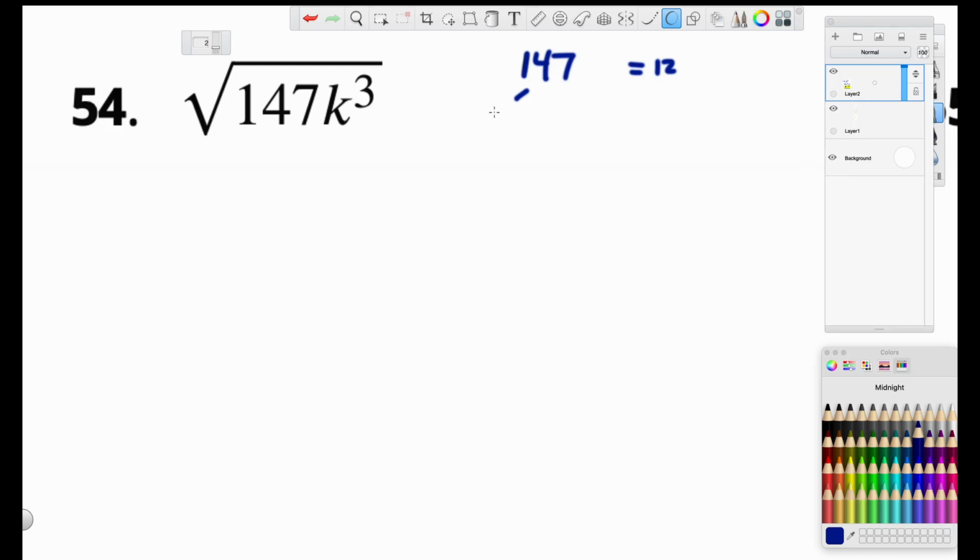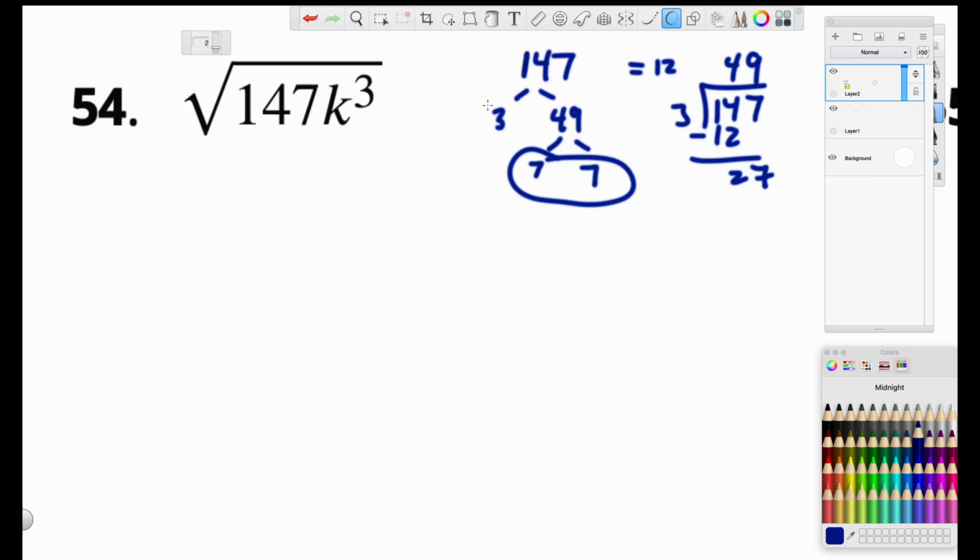So that tells us that 3 does go into 147. So that's going to give me 49. 49 is a perfect square. So that means I got a pair of 7s and an odd 3.